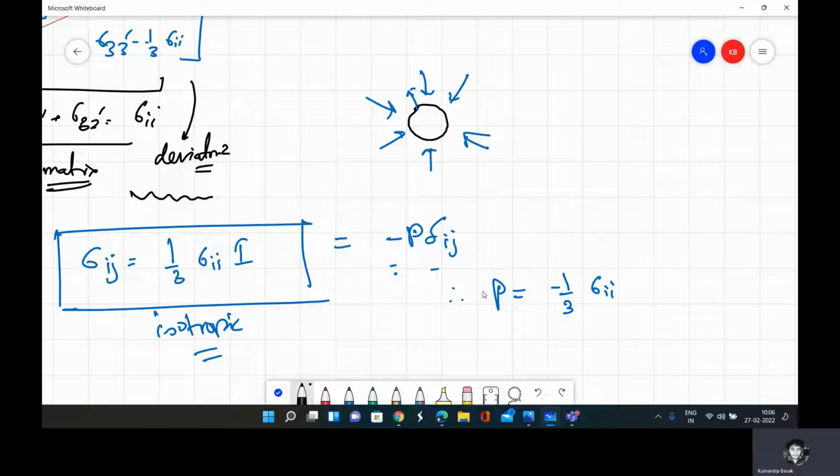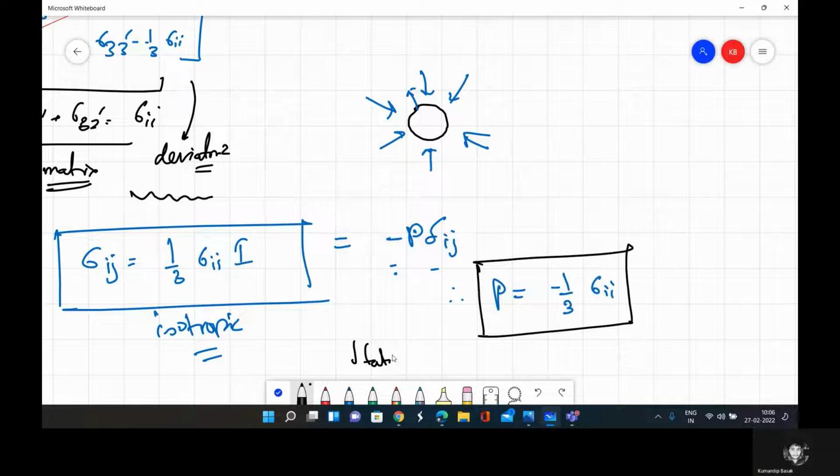If we equate this, this is the static fluid pressure. When the fluid is static, when the fluid is at rest, the pressure at a particular point is constant and equal from every direction, spherically symmetrical, and it is equal to minus 1/3 of the trace of the stress tensor there.